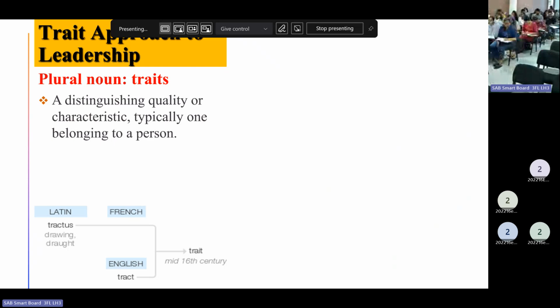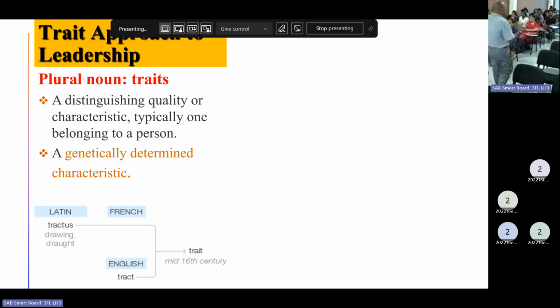A trait is a genetically determined characteristic, that means born, innate. You are born with it. That's the belief. Great man theory was identifying why they behave that way. The next stage of development is called trait theory, identifying genetically determined characteristics.